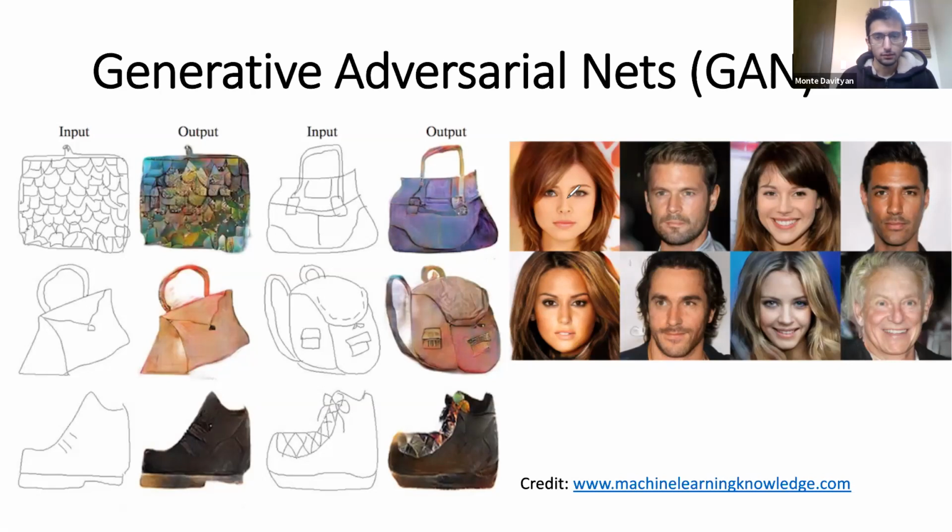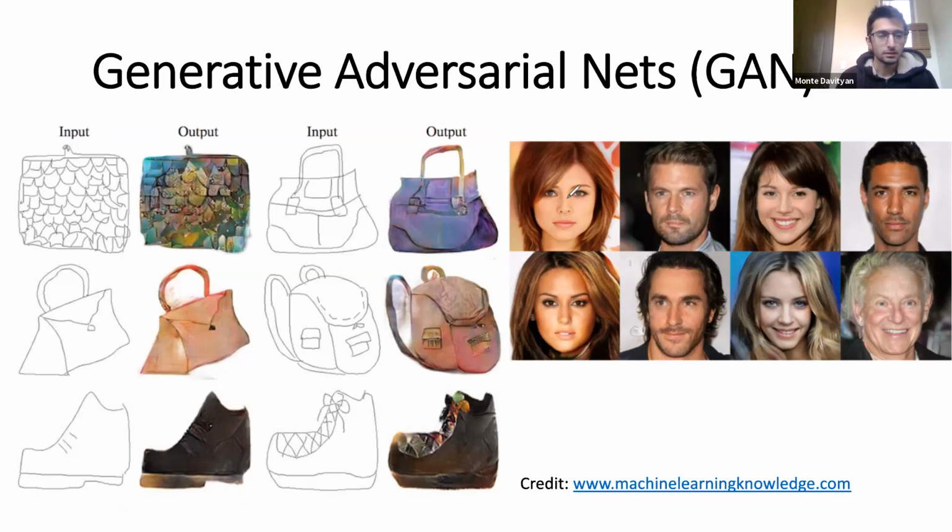The name has the word generative in it. That implies it's generating something. And it's been found that generative adversarial networks, I'll just call them GANs from now on, are good at generating. If you're familiar with deepfakes, that's the primary application right now.